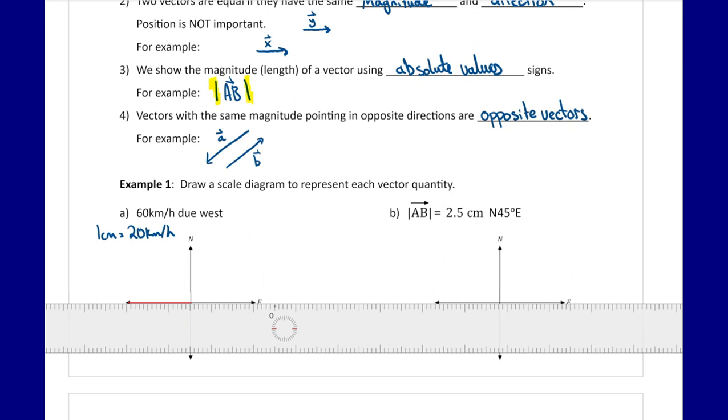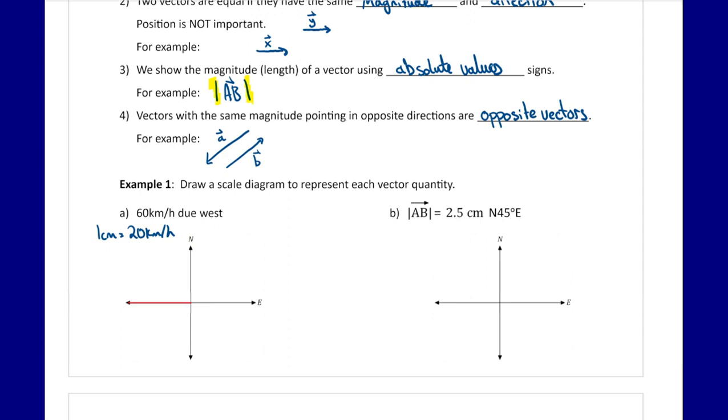My ruler doesn't really have any markers or units on it, so I'm just going to assume that from here to here, that would be 1 centimeter. That's what I'm going to go by for this lesson, but if you have your actual ruler, you could do that. So this is my vector. It's 3 centimeters. We can call it, say, U.